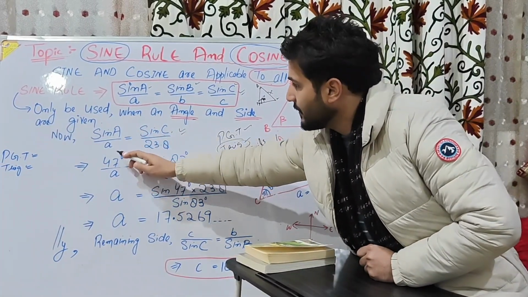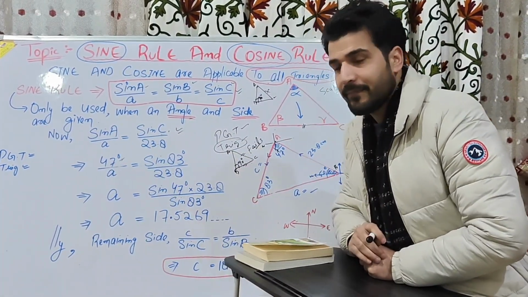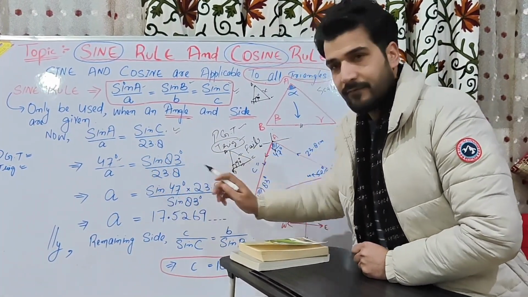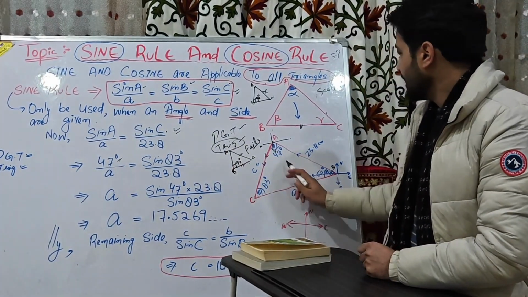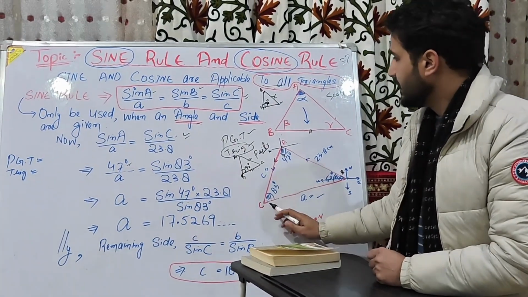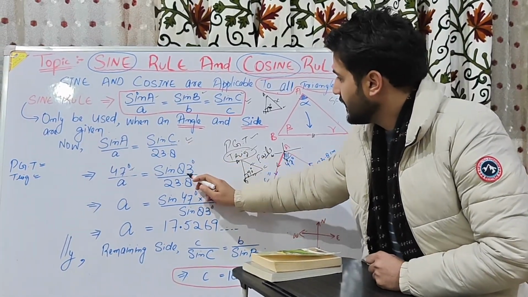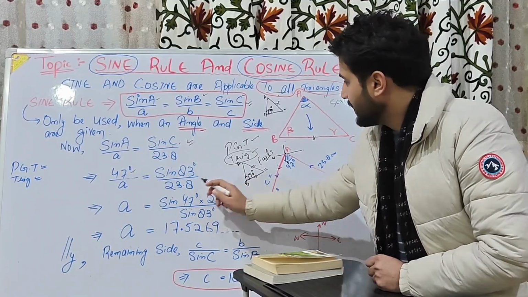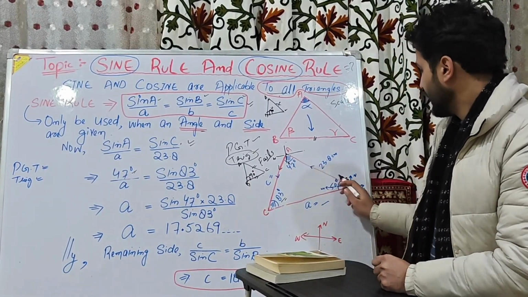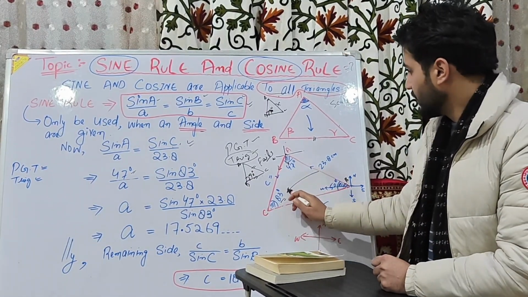So in place of sine A, we will write sine 47, and A is the side. And sine C? This is A, this is B, and this is C. Sine C is 83, this angle. Now we have 23.8, the side which is opposite to this angle.